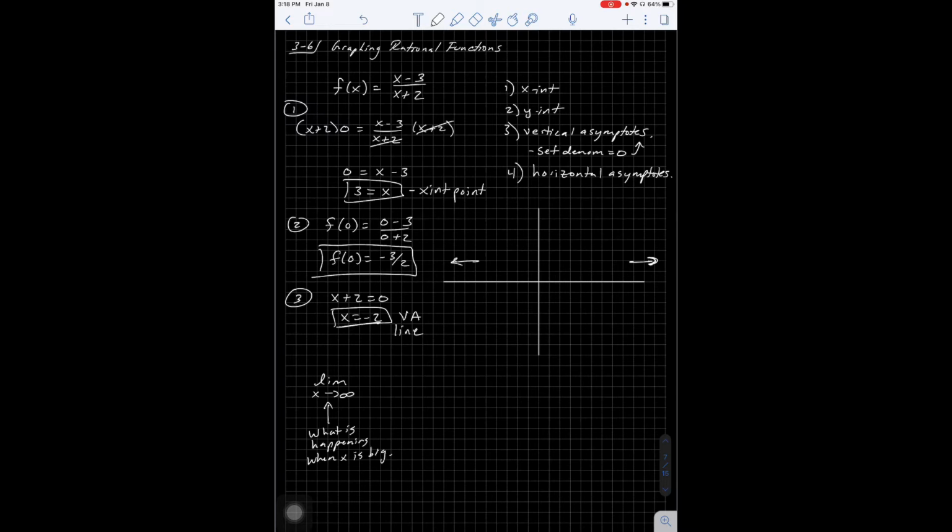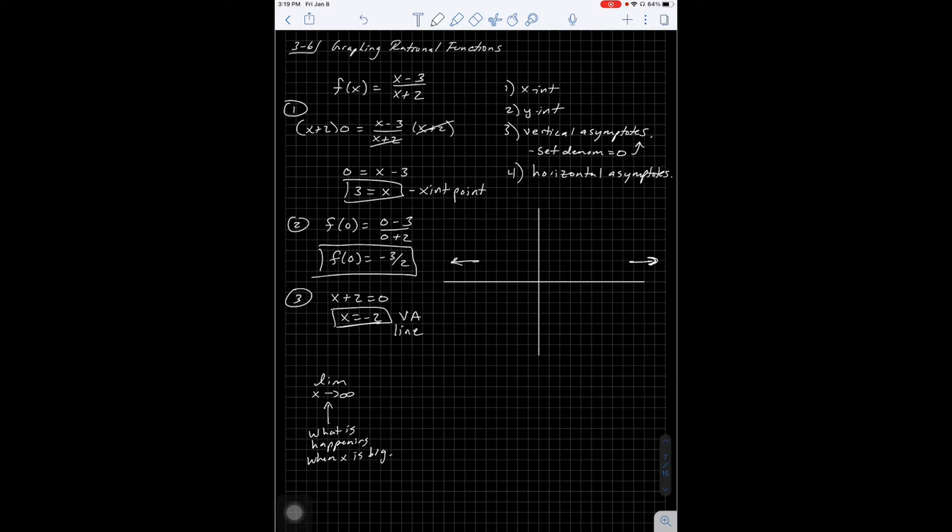Now, the problem is infinity is not an actual number, so we can't plug infinity in. It's a concept. It's like as it goes forever. And so we have to talk about a limit because we don't actually ever get to infinity. We just approach infinity. And that's the idea of a limit. It deals with places in a graph where we can't actually be, but we could be close to.